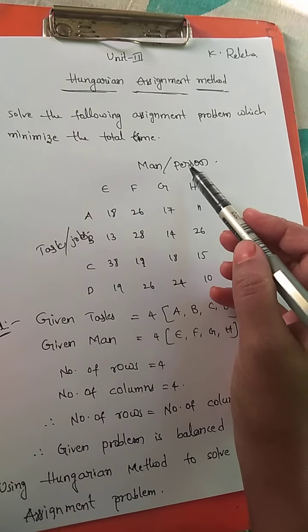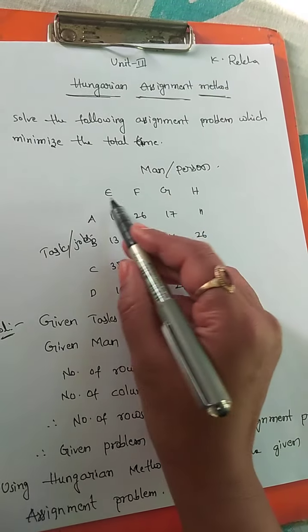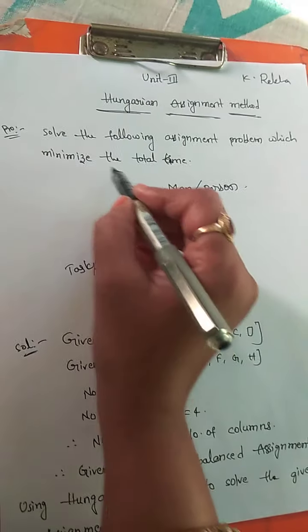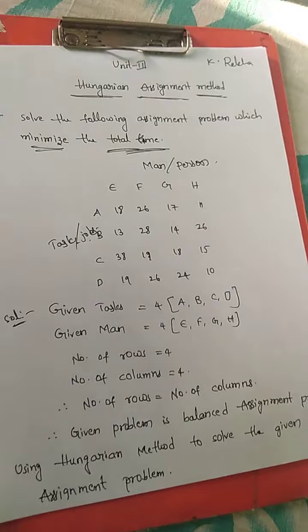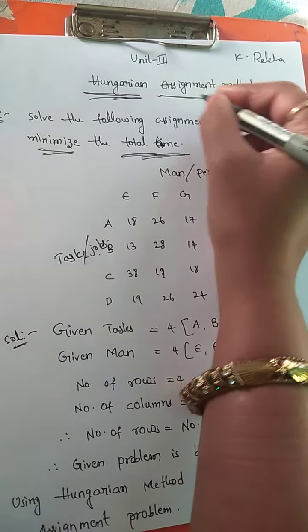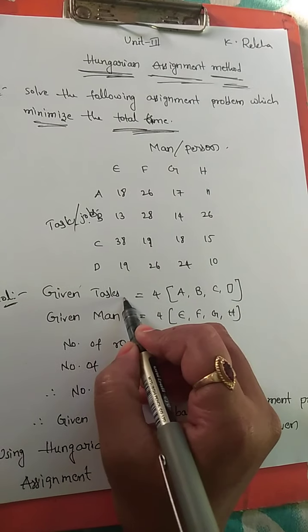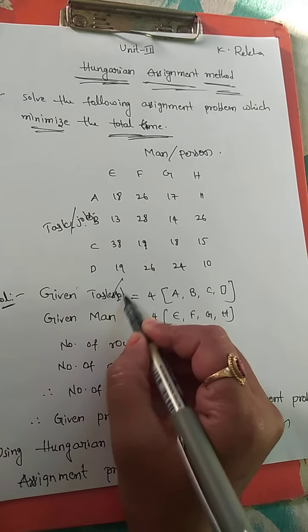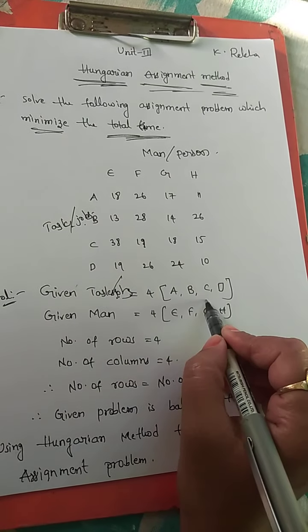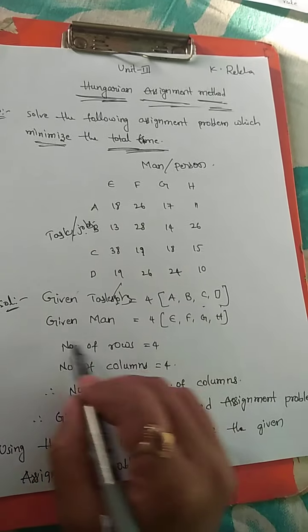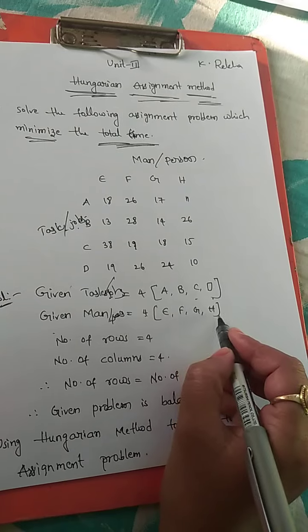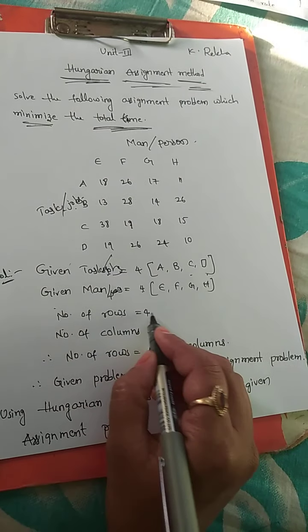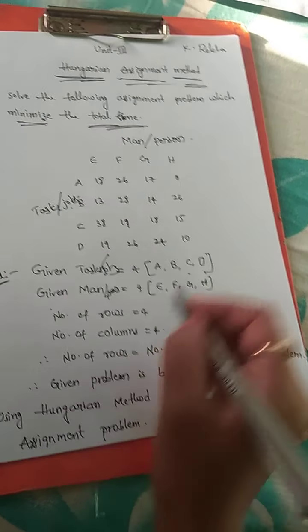In this case we have to select each person for each job so that we minimize the total time. This is the main concept of the Hungarian assignment method. Given tasks or jobs 4, that is A, B, C, D. Given men or persons 4, E, F, G, H. So the number of rows is equal to 4, number of columns is 4.